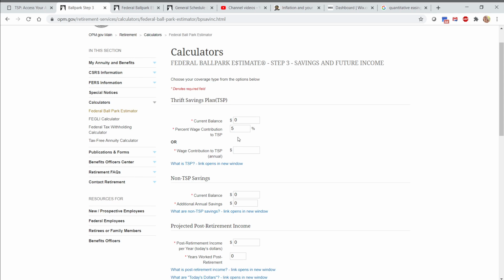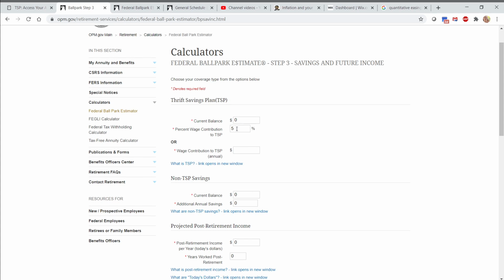If you're with a different company, let's say you're with Walmart and they match your 401k with 3%, assuming you put 3%, then you would put... because this calculator takes into account the fact that the TSP will match up to 5%.